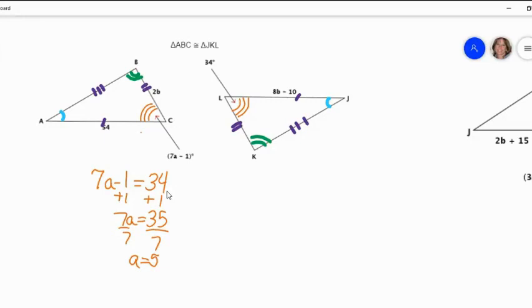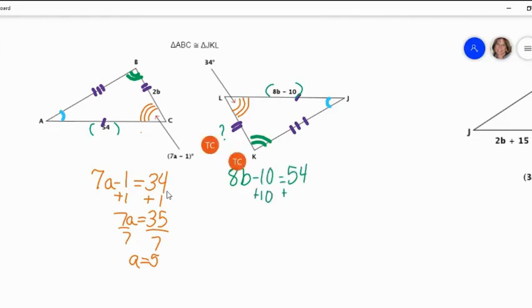We can also then find B. So, well, actually, not directly. We can't do 2B because 2B is still here with no information. But this one here does line up with 54. So 8B minus 10 equal to 54.